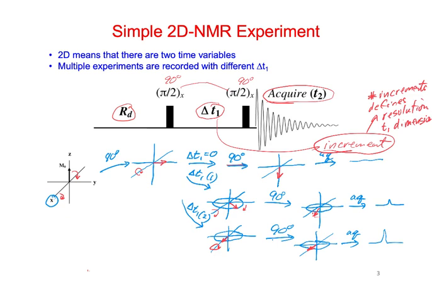All right, let's just do one more here. So we're going to do delta T1 3, and we're going to wait until, let's say this is precessed over here somewhere. And then we're going to do our 90-degree pulse.